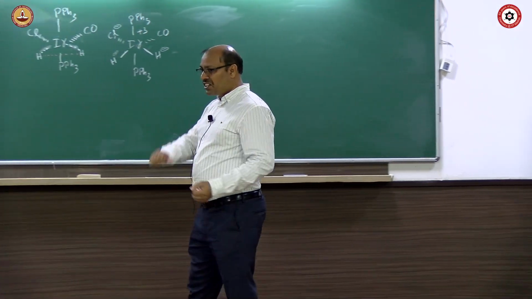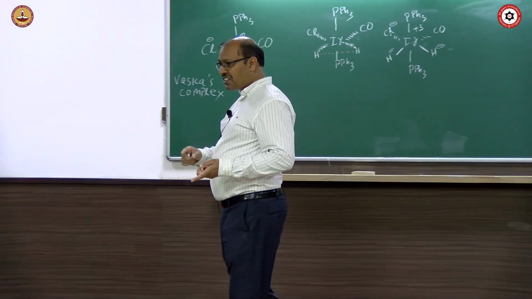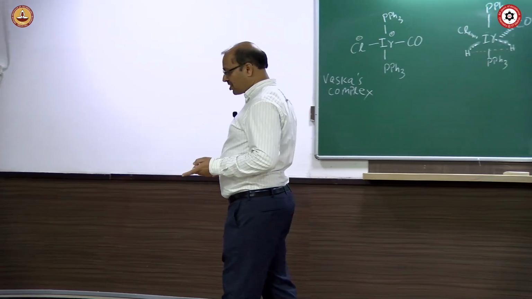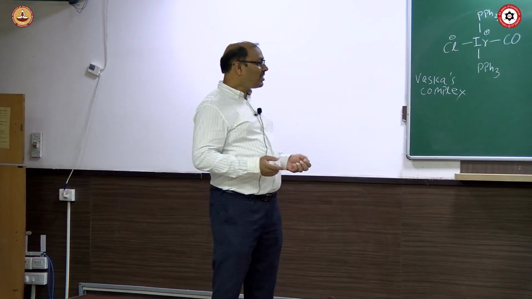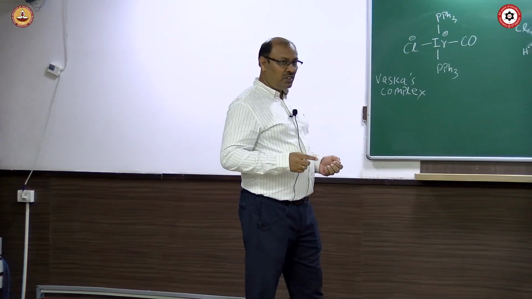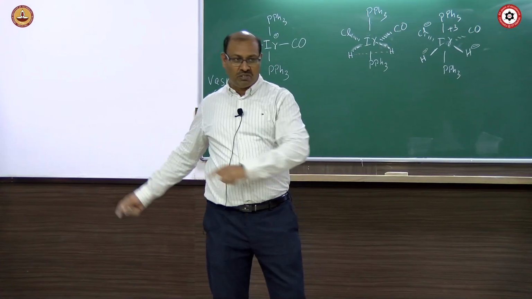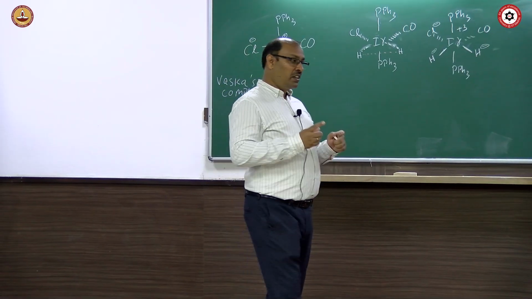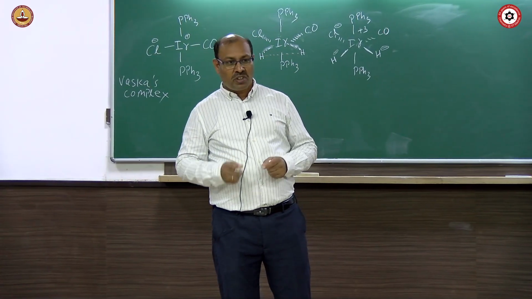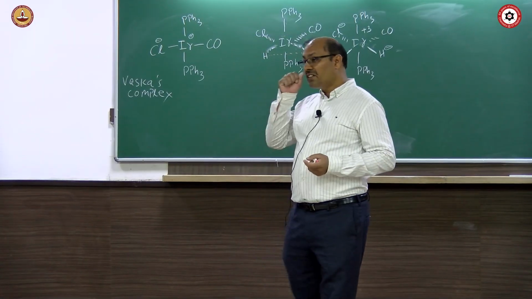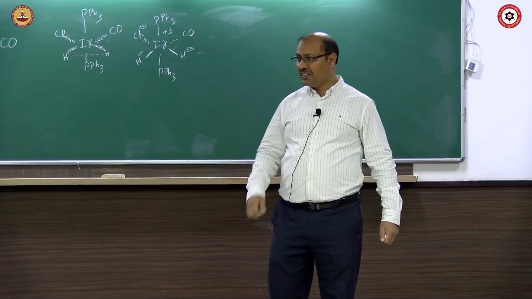The reverse should be called, the reverse of oxidation is reduction, the reverse of addition is elimination. So whenever a 6 coordinated compound has 2 ligands come out, form a bond and go away, and the coordination number decreases by 2, the oxidation number also decreases by 2, then that is called a reductive elimination reaction. This is called an oxidative addition reaction.